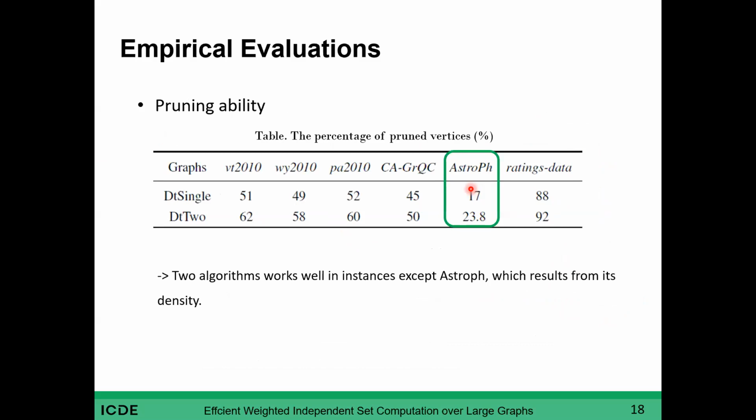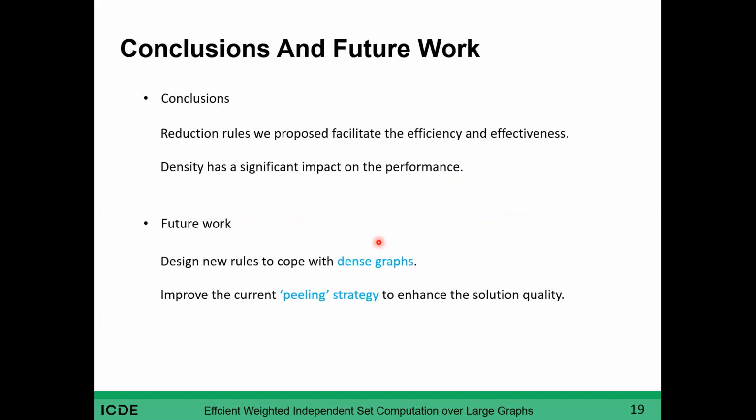The more vertices we reduce, the more accurate result we will get. We can see that these two methods work well in most instances, except in this one, which results from their densities.